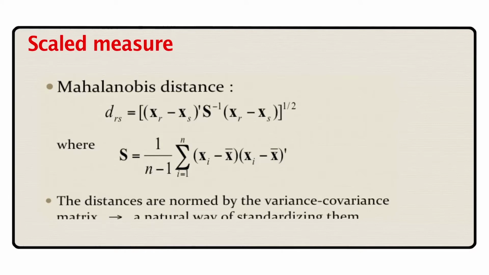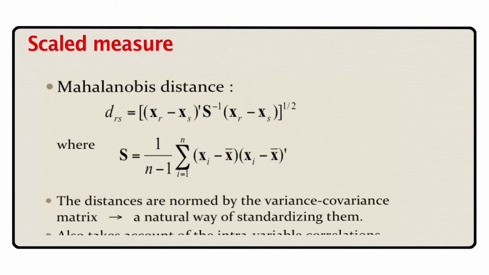So it basically scales down each of the variables, and hence it gives a natural scaling which helps us to avoid the ambiguity that we had in the previous problem. So this is a very natural way of doing it, and it also takes into account the intervariable correlations.